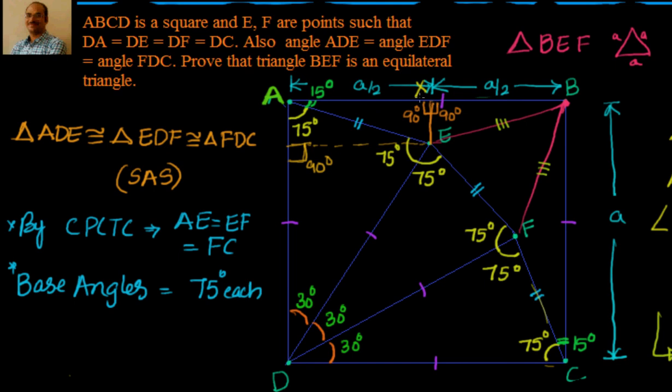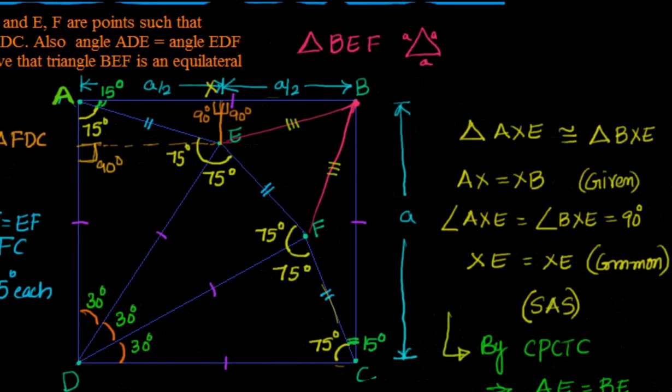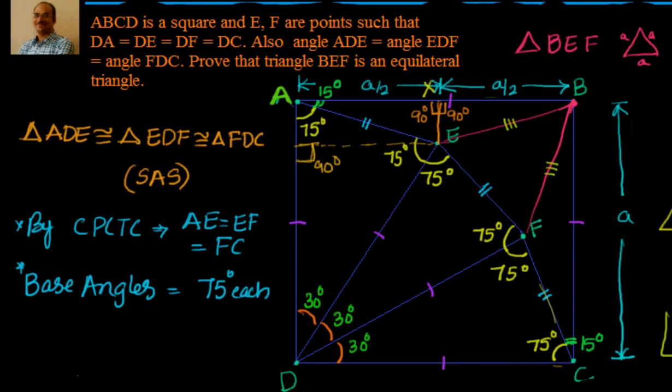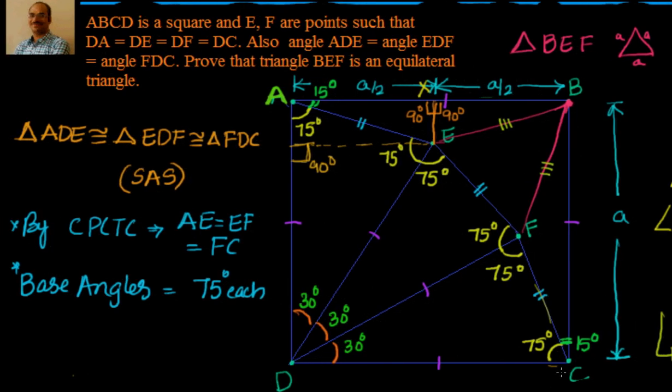So by SAS congruency, you can prove that these two triangles are congruent, and BE is equal to AE. But AE is nothing but equal to EF. So BE is equal to EF, which is equal to BF. That's how we are able to prove that this triangle BEF is an equilateral triangle.